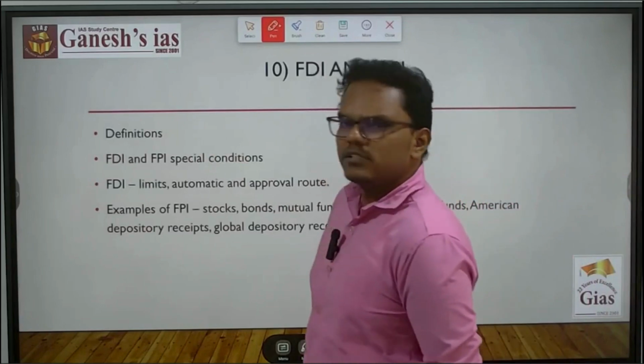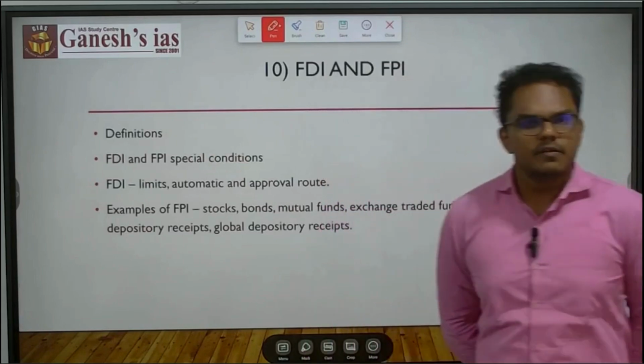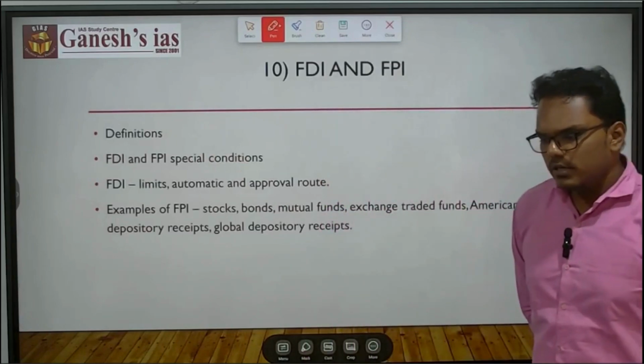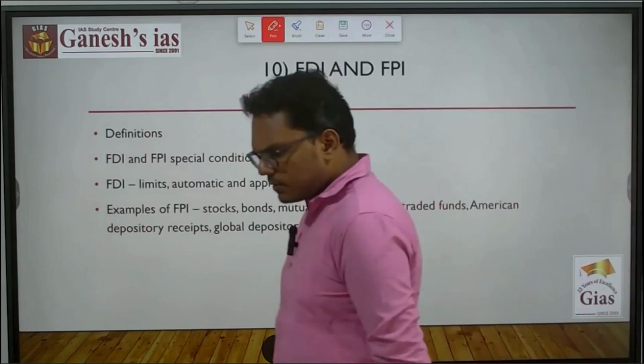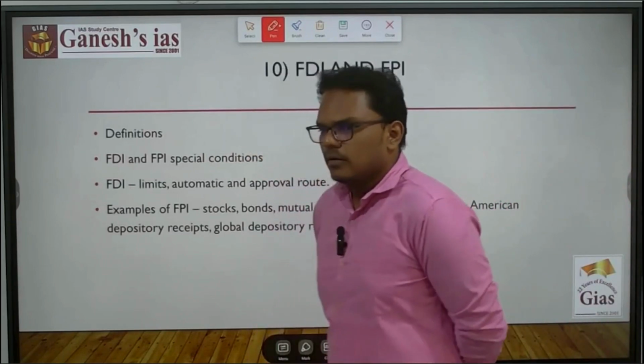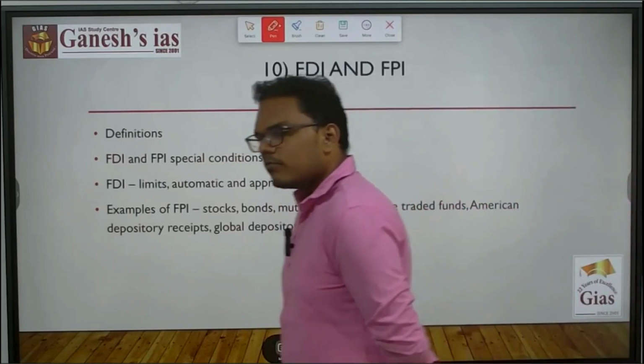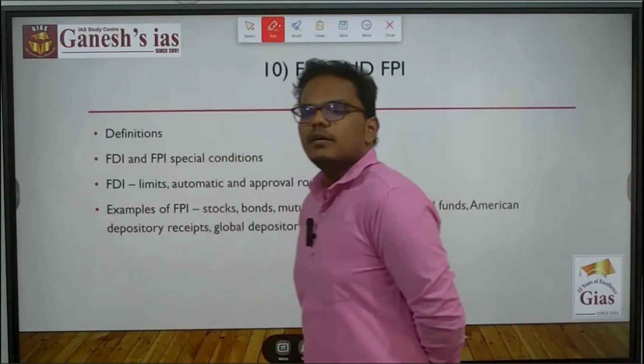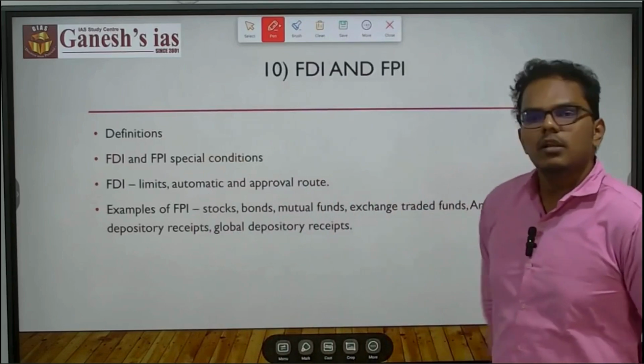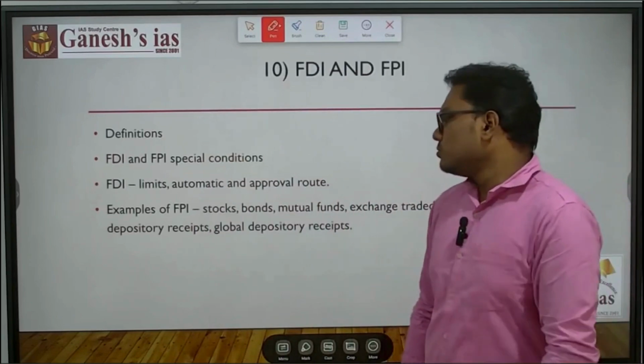For instance, in defense, you have the automatic route till 74%, and more than that, you need the government's approval. Whereas in your pharma, you have 100% FDI with an automatic route. So those things you need to know.